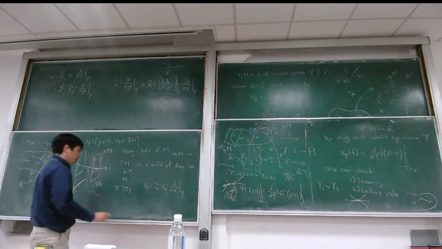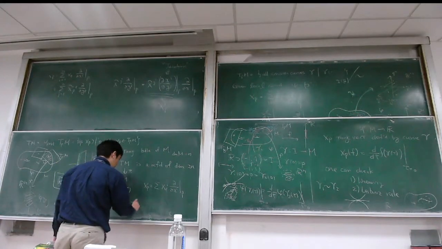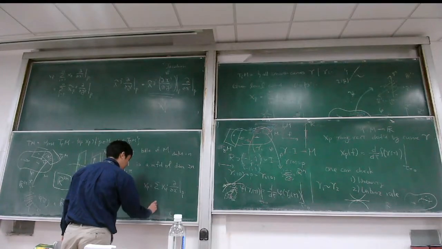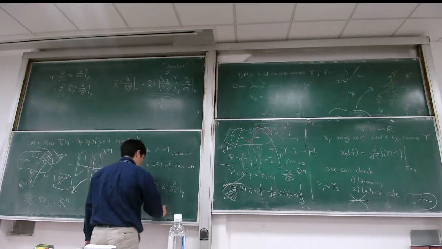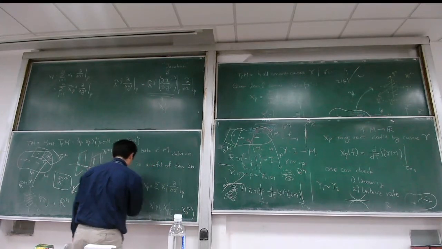And this map is mapped to x1 of p, ..., xn of p, and xp1 dot, ..., xpn dot.